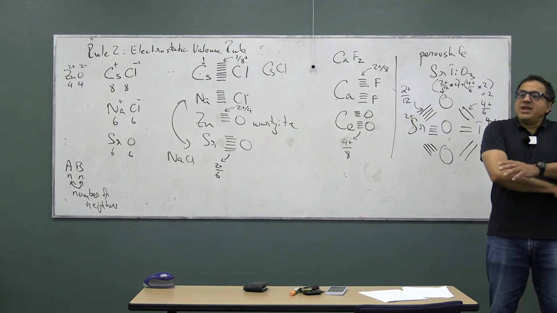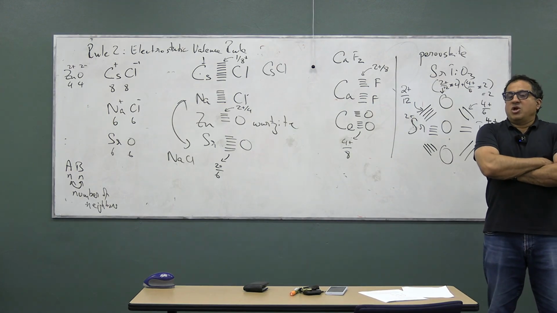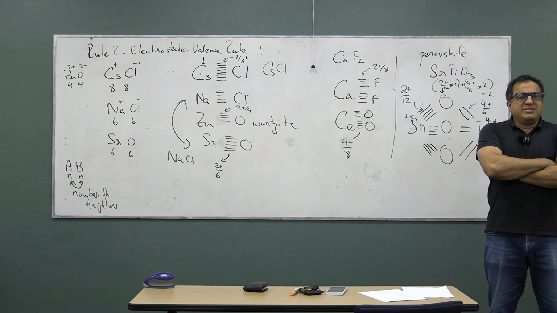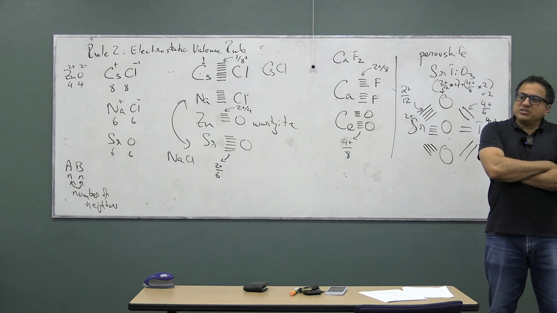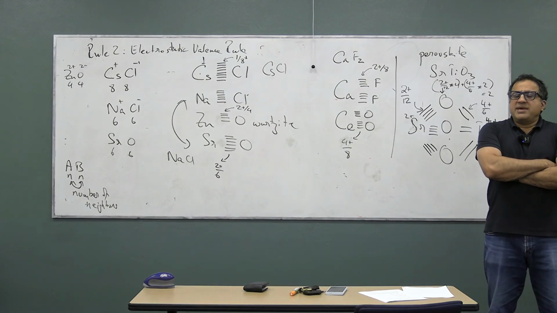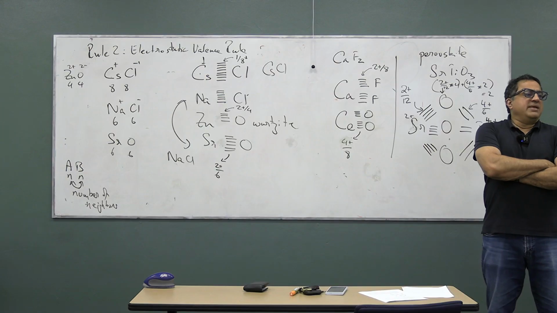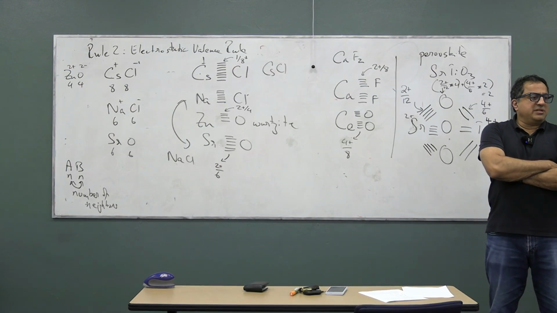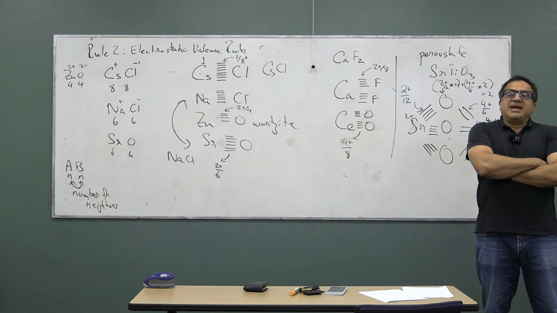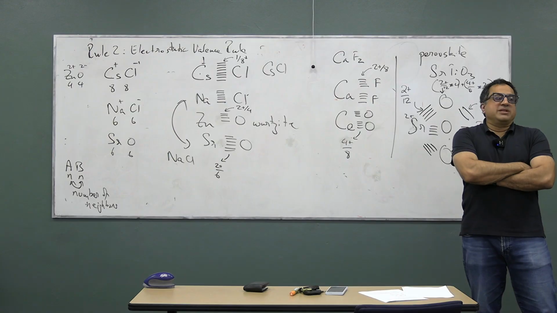FeOOH. If I do an X-ray diffraction experiment on FeOOH, I see oxygen, I see iron. Do I see the hydrogens? Is hydrogen easy to see with X-ray diffraction? Do you know? X-rays get scattered by the electrons in a crystal, and the strength of the scattering goes as the square of the atomic number.